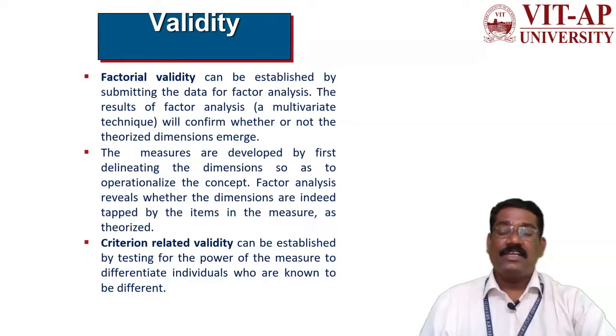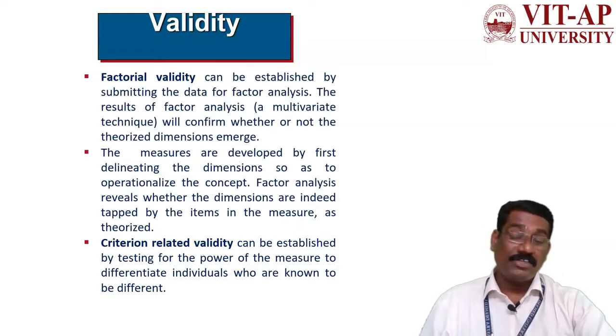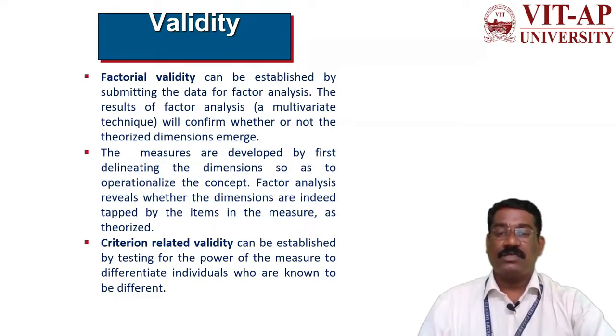Criterion related validity. Let's talk about criterion related validity. Criterion related validity can be established by testing for the power of the measure to differentiate individuals who are known to be different. That is called criterion validity.